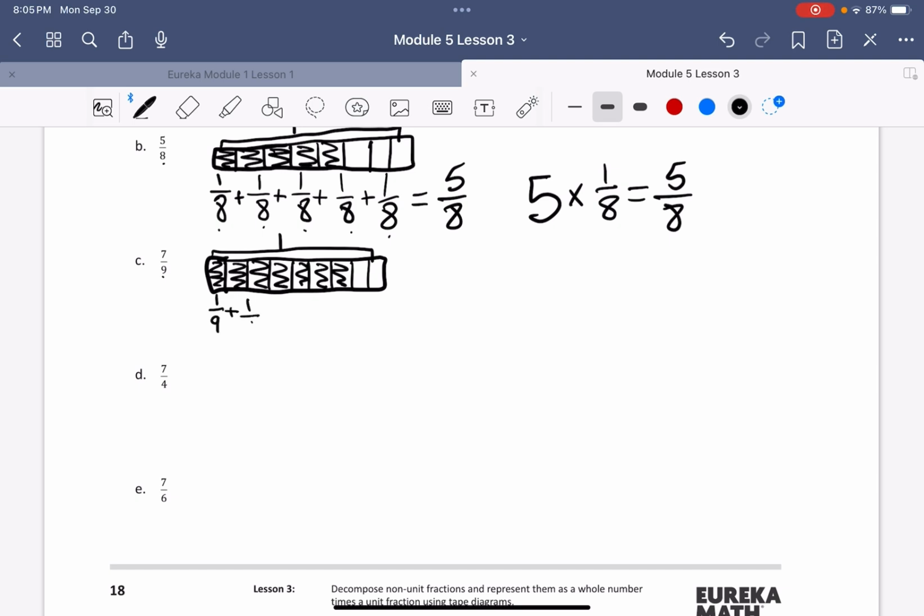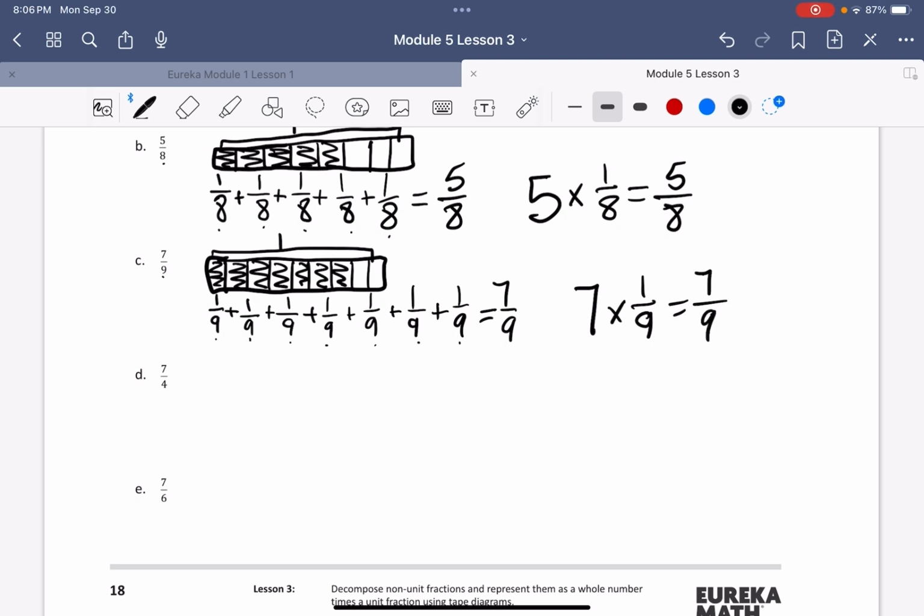So we can do 1/9 plus 1/9 plus 1/9 plus 1/9 plus 1/9 plus 1/9 plus 1/9 equals 7/9. How many 1/9 did we have? If you count each of the 1/9, we had 7. So 7 times 1/9 equals 7/9.